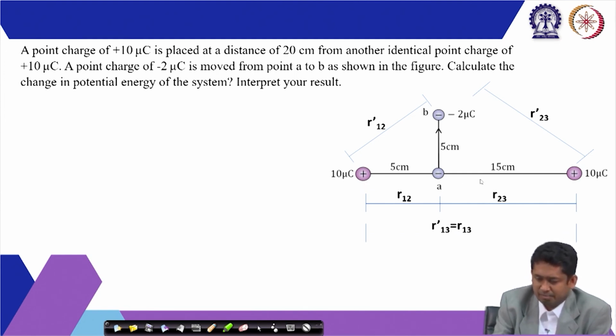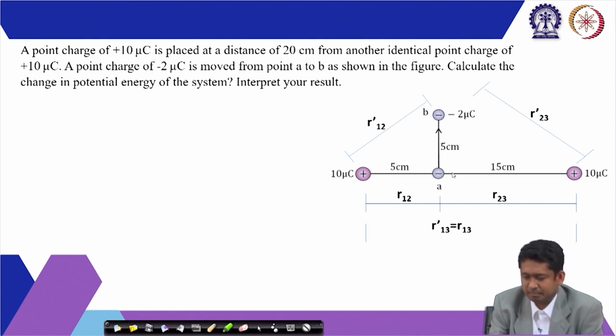A point charge of minus 2 microcoulomb is moved from a point A to B as shown in the figure. Calculate the change in potential energy of the system and interpret your result.